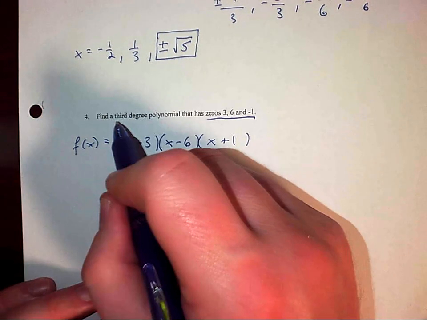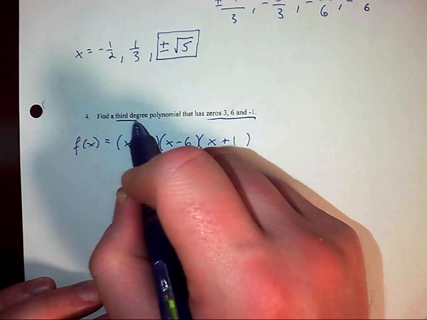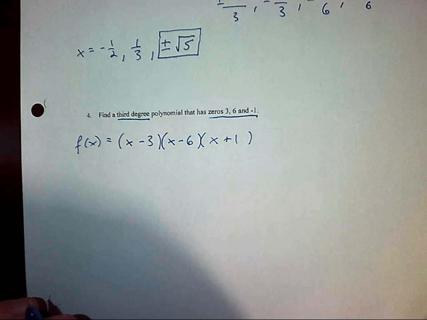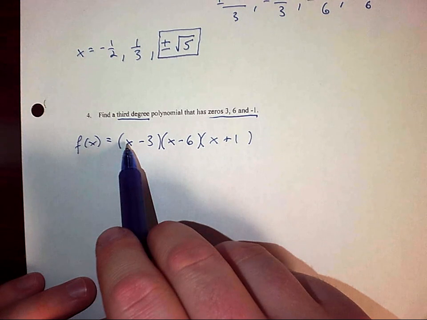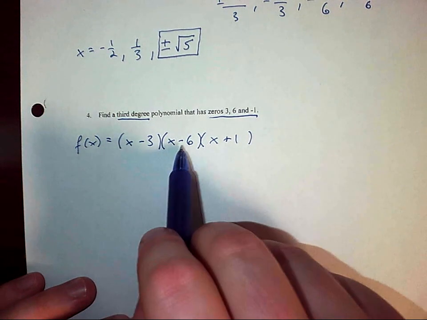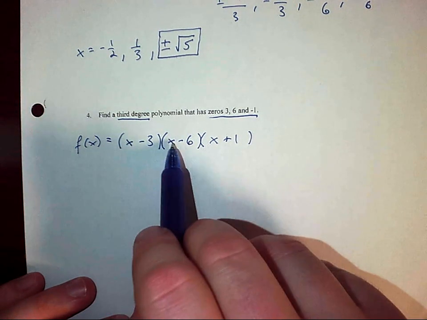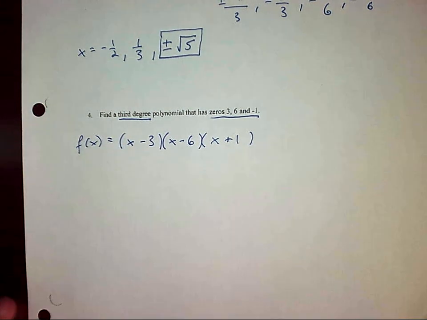Now, the only other thing that we have to do is make sure that it's a polynomial of degree 3. So that means that the highest exponent that we're going to have is going to be to the power of 3. Well, since we have these three terms, and each one of these terms just has an x in it, we know that this right here is a third degree polynomial.